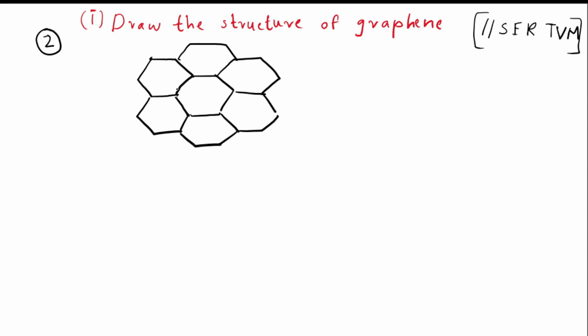So this is the structure of graphene. These corners are the lattice points.